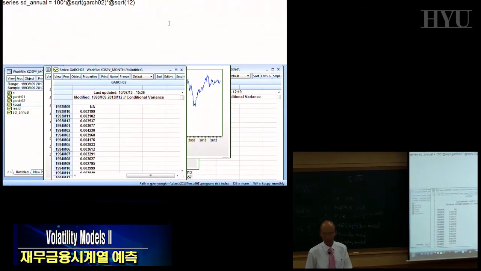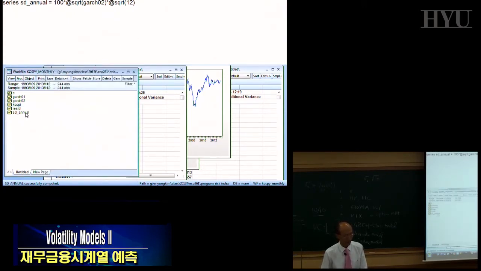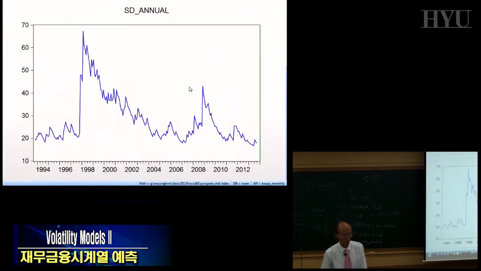If you type this way, then SD annual is the annualized standard deviation. So how does the standard deviation look? Well, I multiply that by 100 to express it as percent. Okay. So here is the figure.